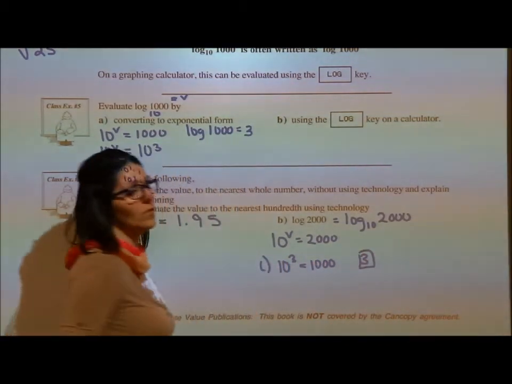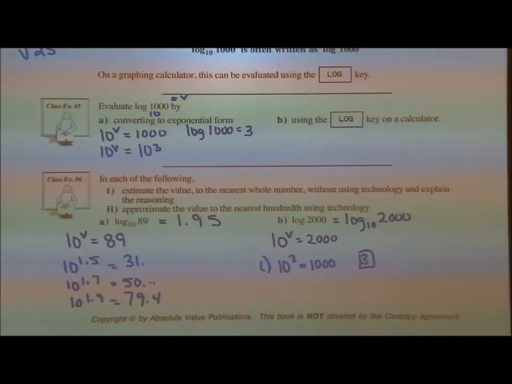So to the nearest whole number, my answer would be 3. If I wanted to get closer than that, if I wanted to go to the nearest tenth, then I would have to use guess and check. Or what might be easier is if I could just type in log 2,000, in which case, what would I get to the nearest tenth?